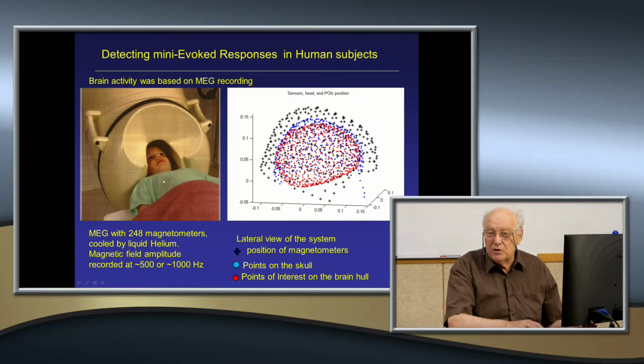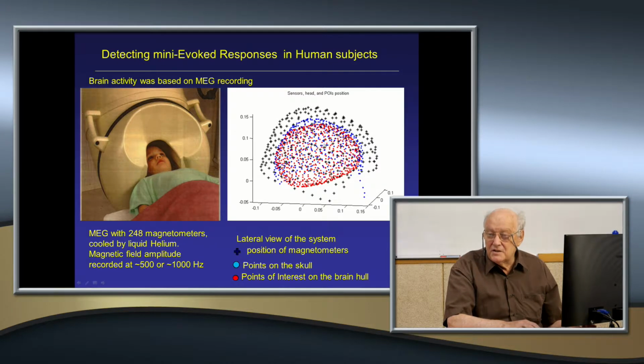So this is the situation. We record brain activity with magnetoencephalogram with 248 magnetometers. These are the positions. The black stars are the positions of the magnetometers. The blue dots are dots on the skull of the subject. Here is the nose.